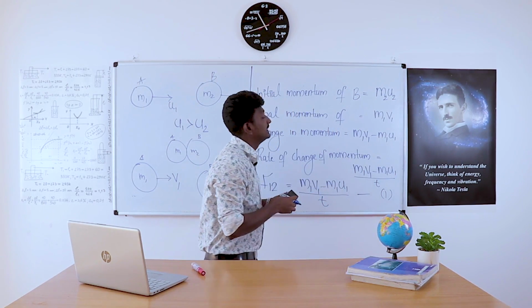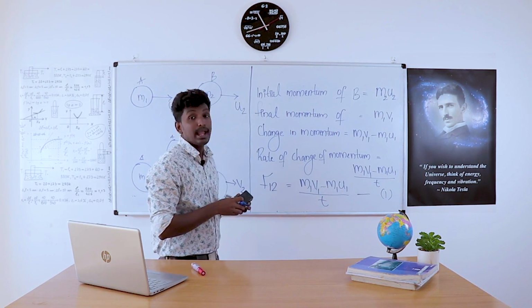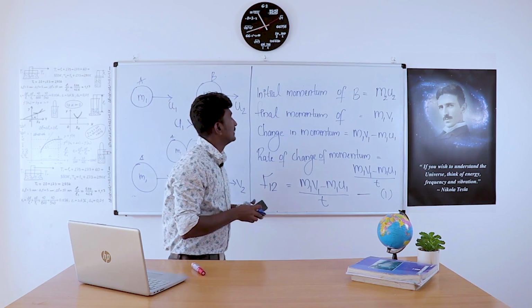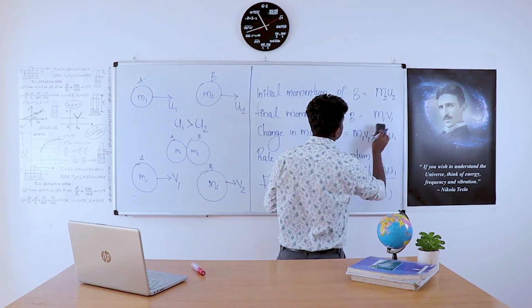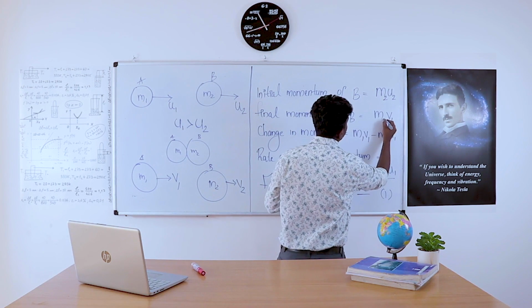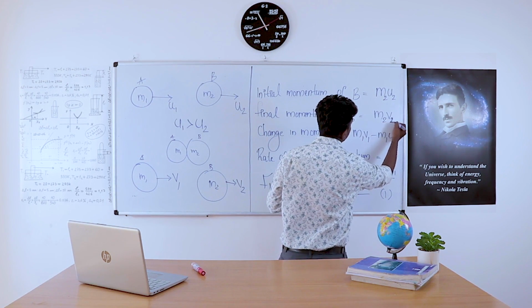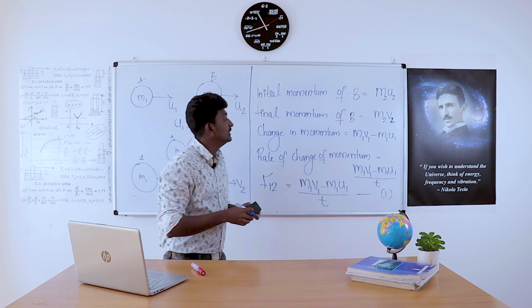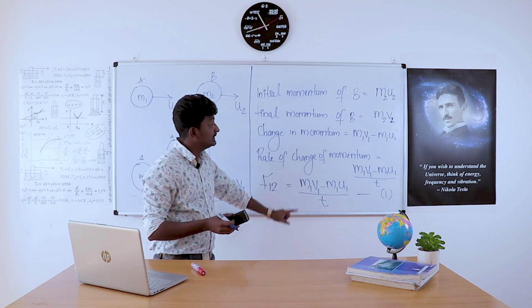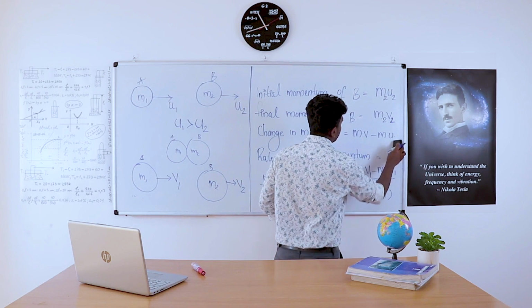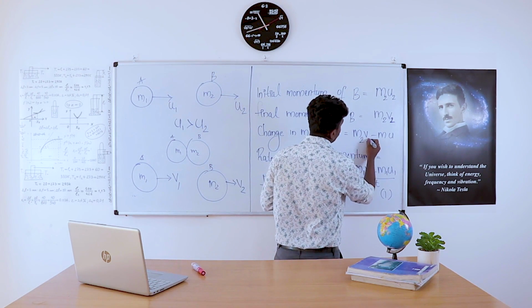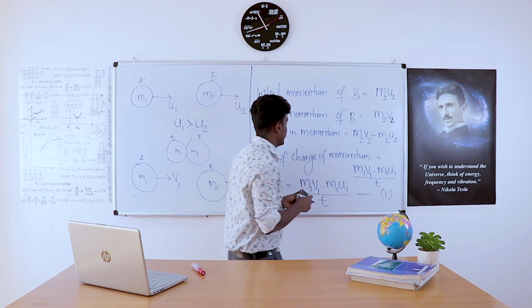Therefore, the initial momentum of B is m2 u2. Then the final momentum of B can be written as m2 v2. Then the change in momentum of B can be written as m2 v2 minus m2 u2.